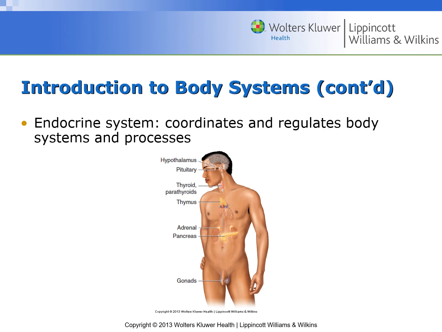The endocrine system coordinates and regulates body systems and processes. This system works in conjunction with the nervous system in coordinating and controlling other body systems.